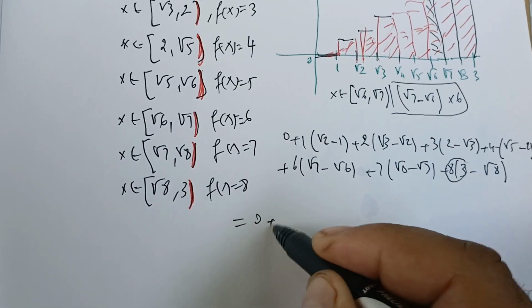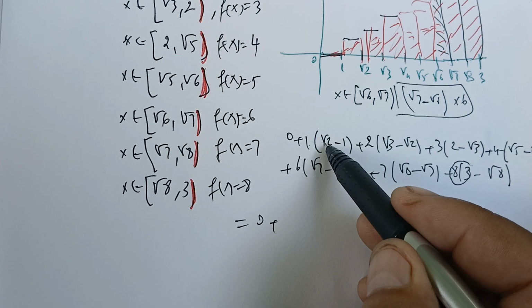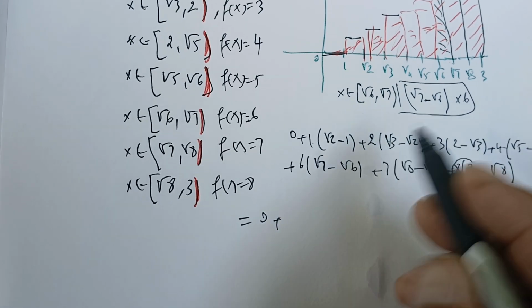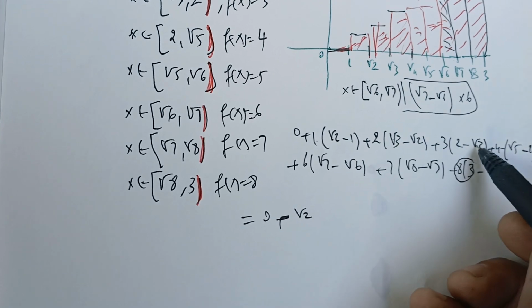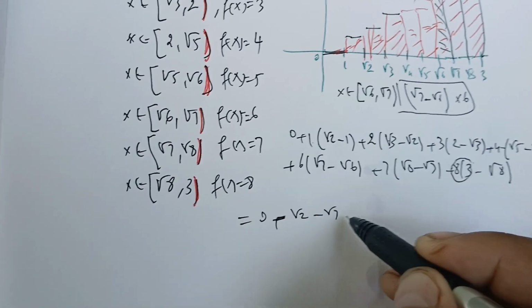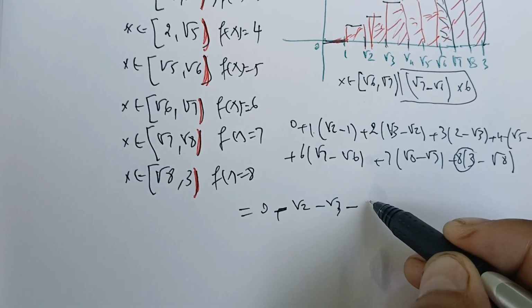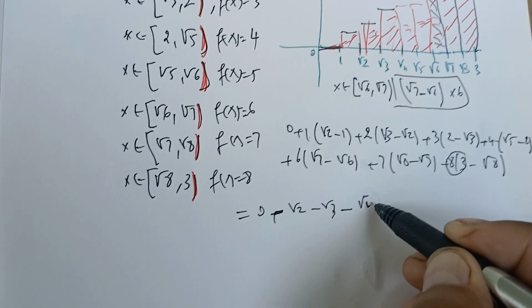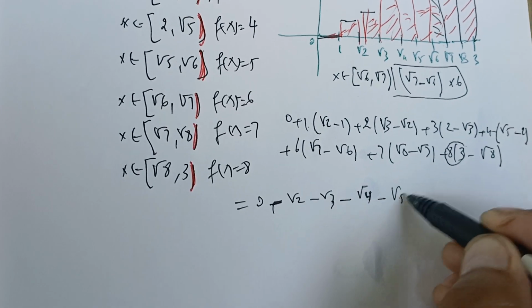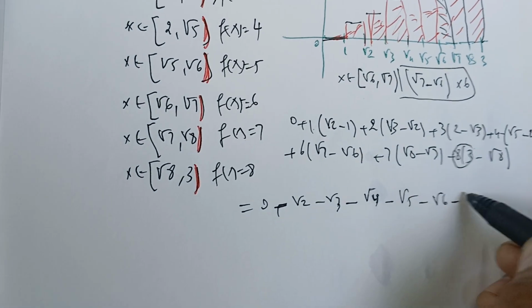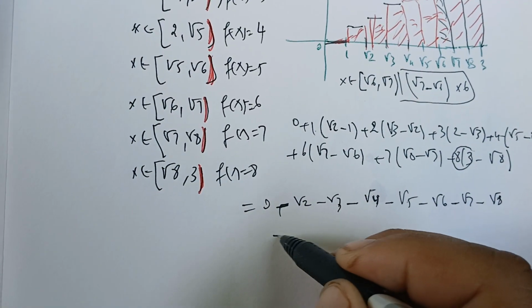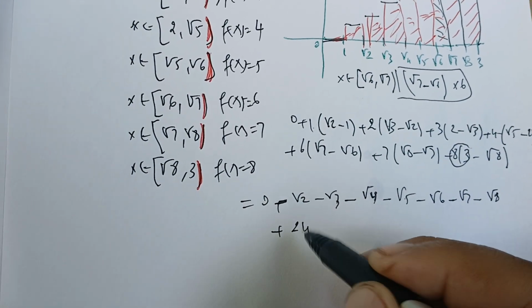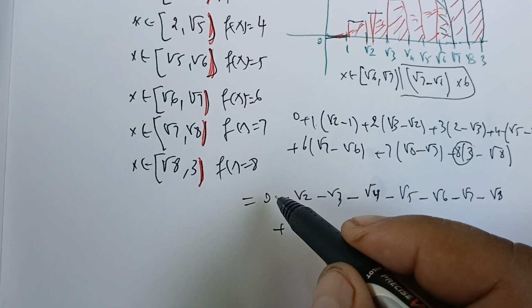I got 0 plus square root of 2 minus 2 square root of 2. It's minus square root of 2, and 2 square root of 3 minus 3 square root of 3 is minus square root of 3, and I keep getting this one. Let's write the square root of 4 for clarification. Minus square root of 5, minus square root of 6, minus square root of 7, minus square root of 8, plus the last one, which is 24. I missed minus 1. Where did minus 1 go?